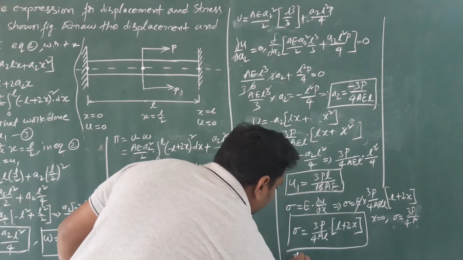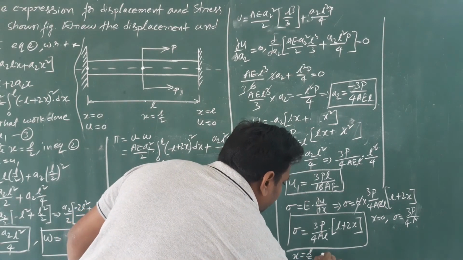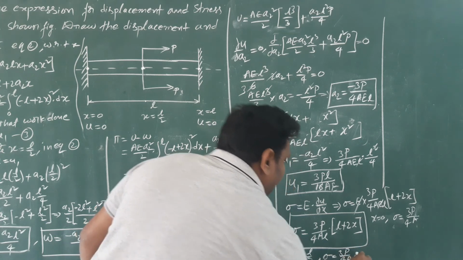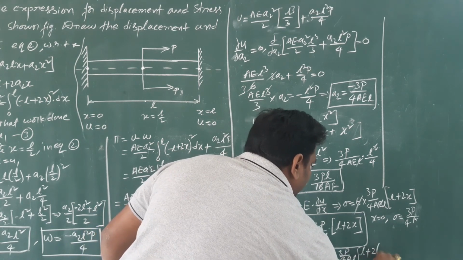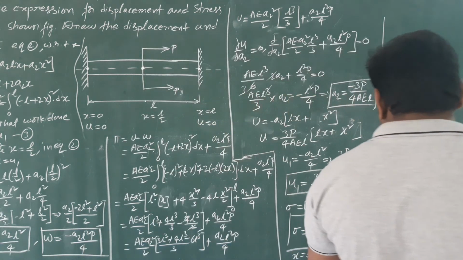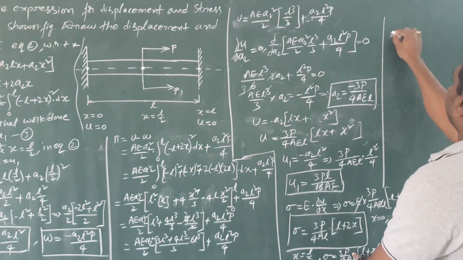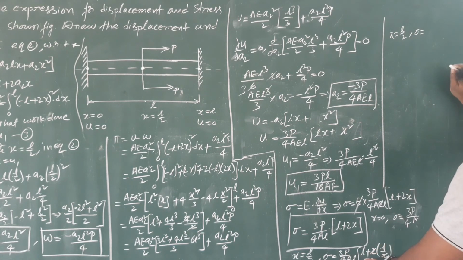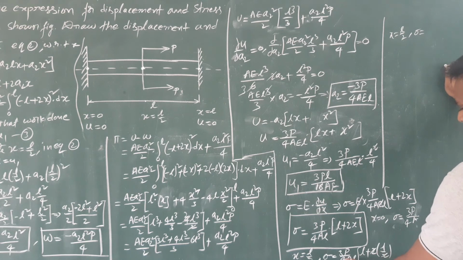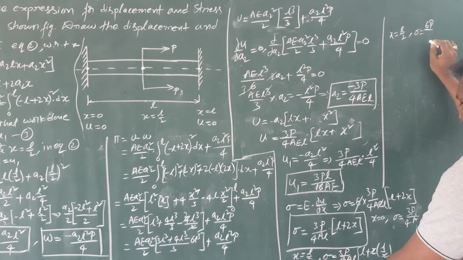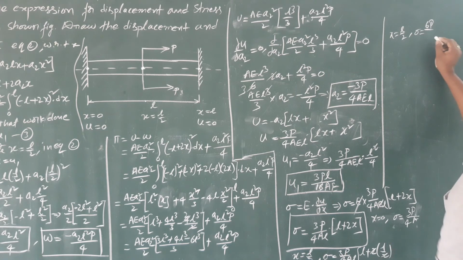If x is equal to L by 2, then sigma is equal to 3P by 4AL into L plus 2 into L by 2, the 2s cancel. Remaining is 2L. L plus L, 2L, 2 into 3, 6P by 4, because L and L get cancelled.